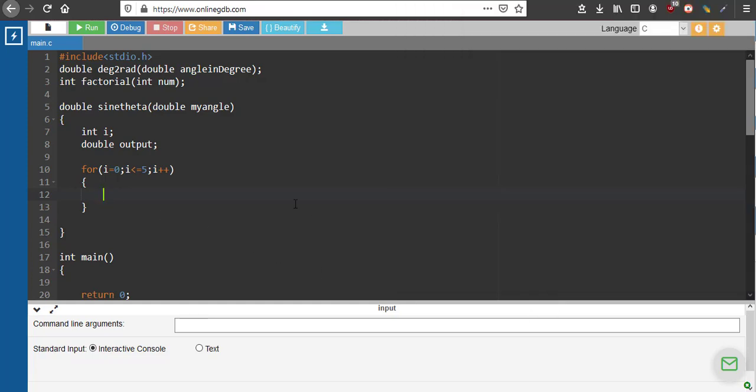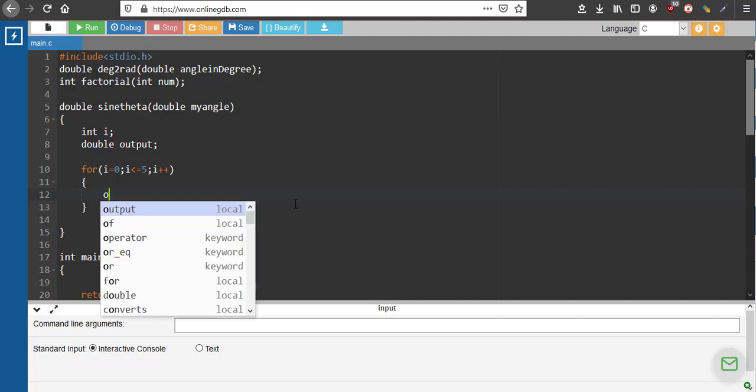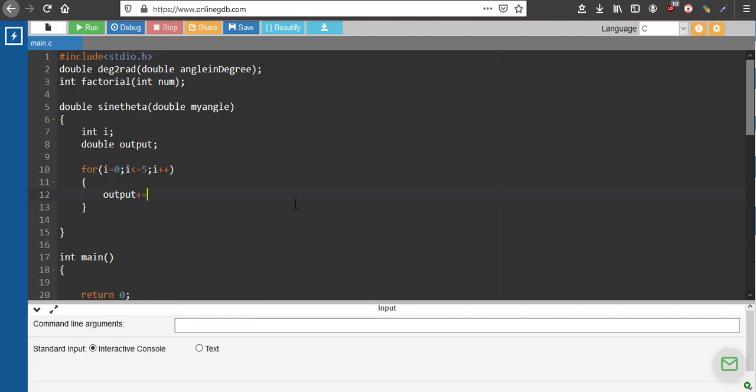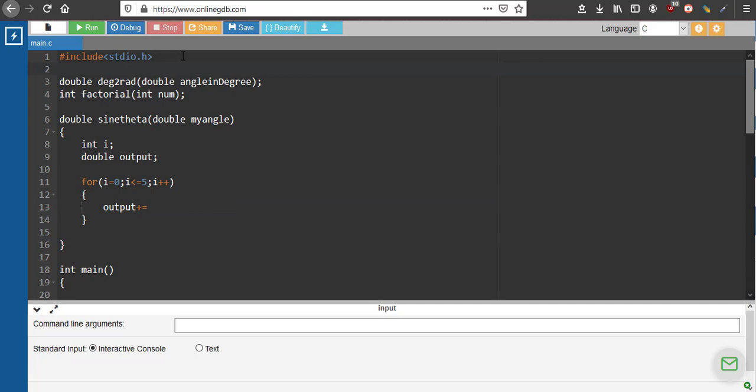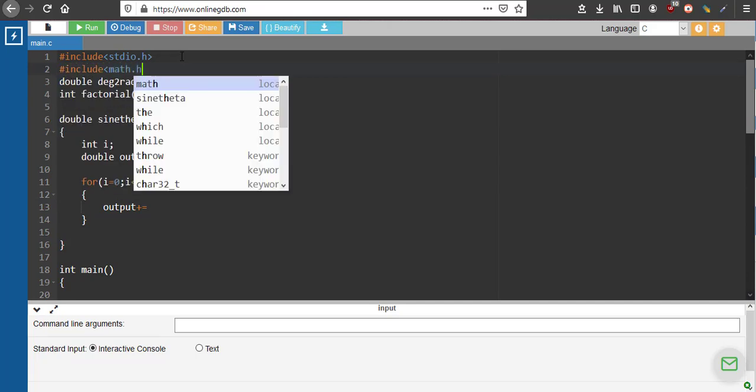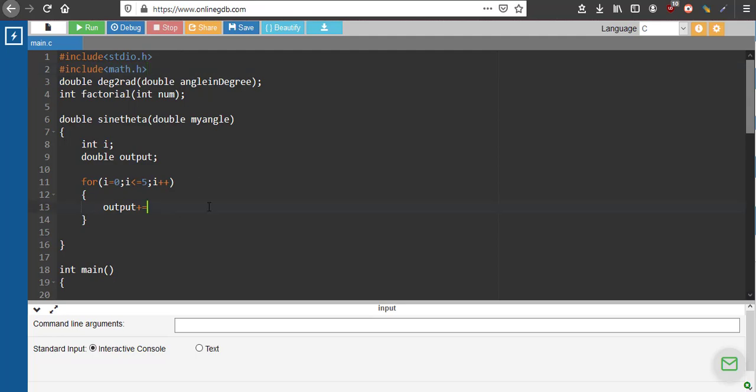Now what we'll do is output plus equal to, which means output is equal to output plus. We have to use the power, meaning raised to, so for that we will include math.h. I can use the power function pow.